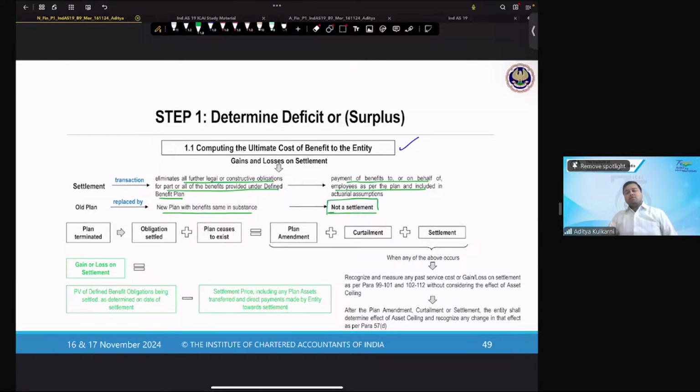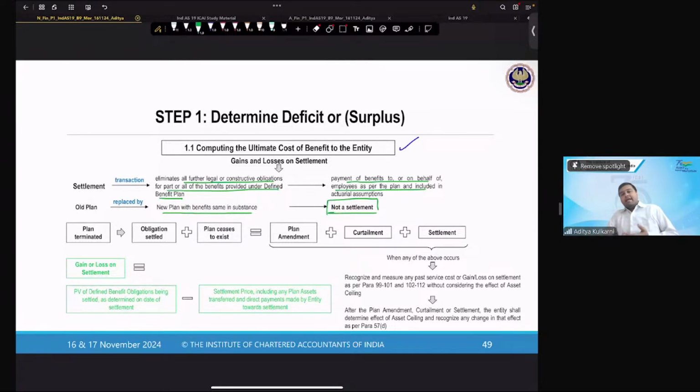Okay, so many times what entities will do is they will show to settle an old plan, थोड़ा सा P&L में credit आएगा, and then they will put a new plan in place with almost similar benefits. You saw in this particular question, there has been a 12,50,000 gain to the P&L. Yes. So like this, if entities go for settlement, ये तो खाली book का presentation है.